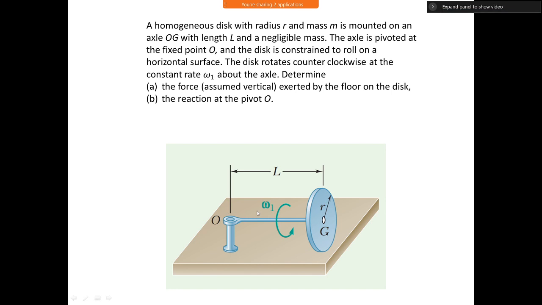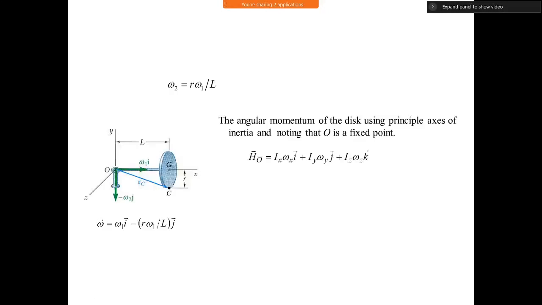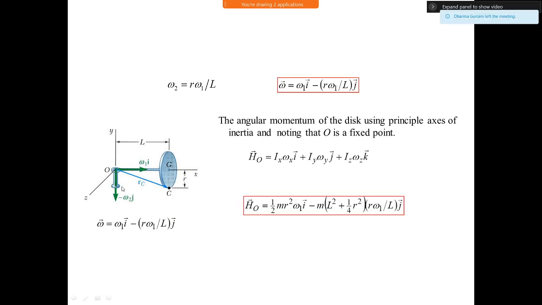We want to calculate the force from the ground, that is the first part, and we want to calculate the reactions at this pivot point O. What we have already solved: we have solved for omega 2, this we know. We have also calculated the angular momentum about a fixed point, but that is not going to be so helpful.